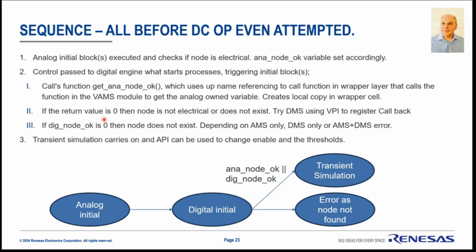And then if digital node OK is 0, then basically it doesn't exist at all. And then depending on whether you said it's AMS only, DMS only, or should be available in both, you can choose what to do. At that point, you pass it over to the simulator to start the transient simulation, and you can then use the API to control the enable and the thresholds.